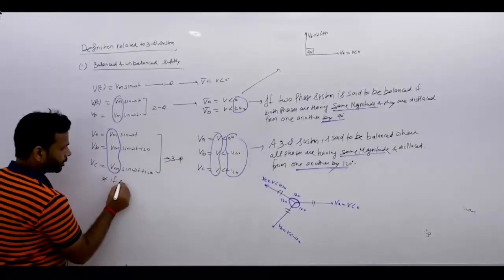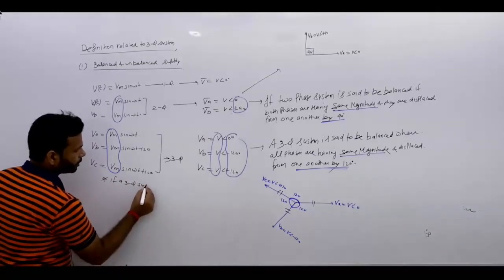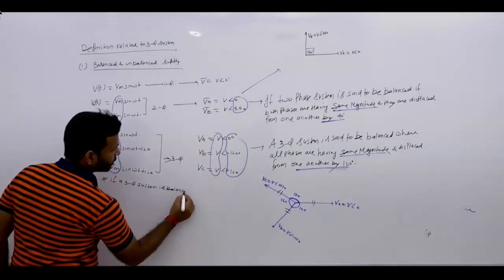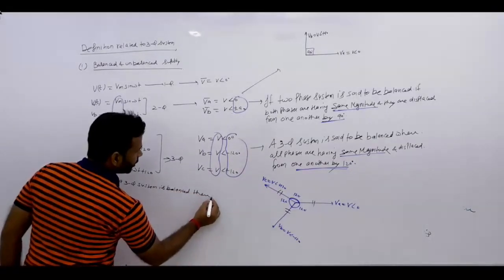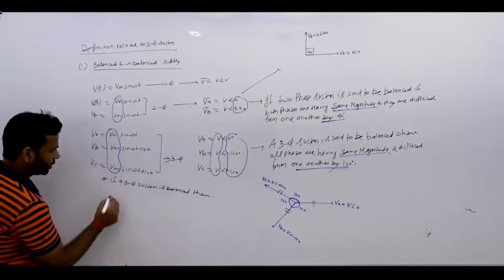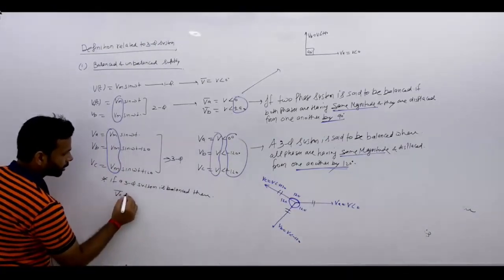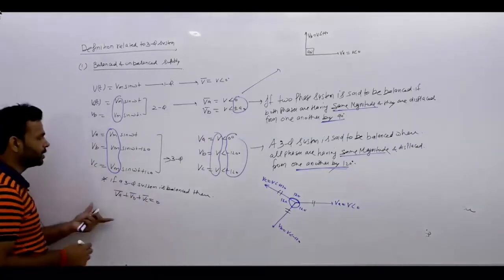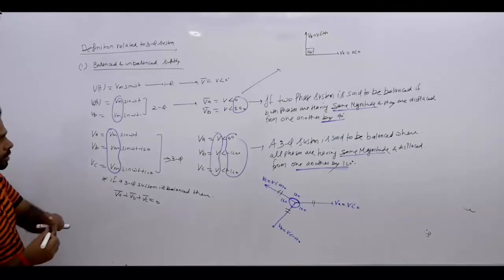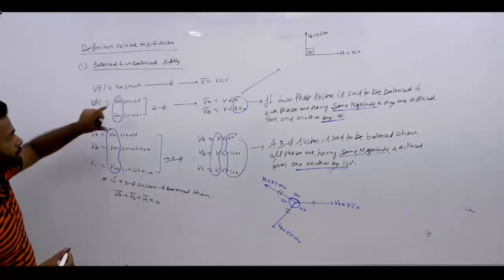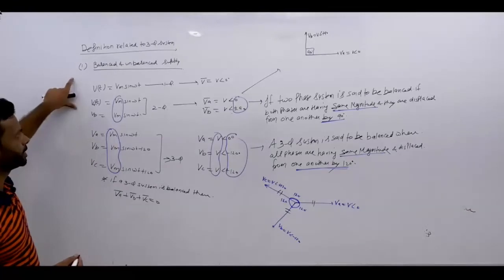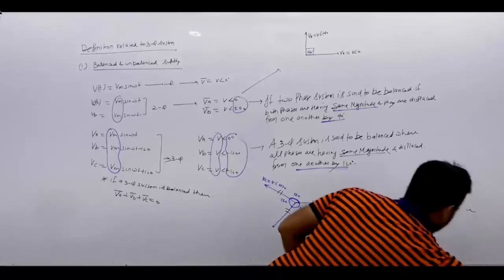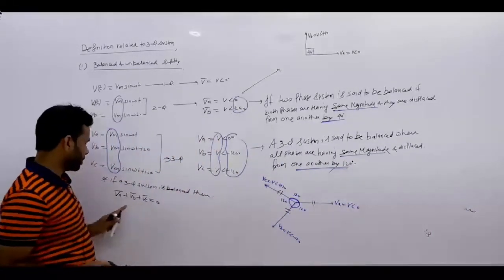If a three-phase system is balanced, then the phasor sum of voltages is equal to 0. How is it 0? Let's see. I think this part is over, and you have all understood the basic concept of balanced supply. Now let's erase this, then we will also find the balanced supply condition.